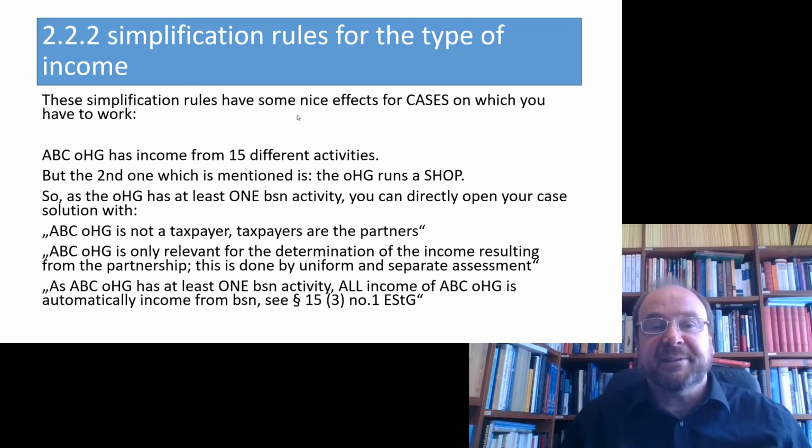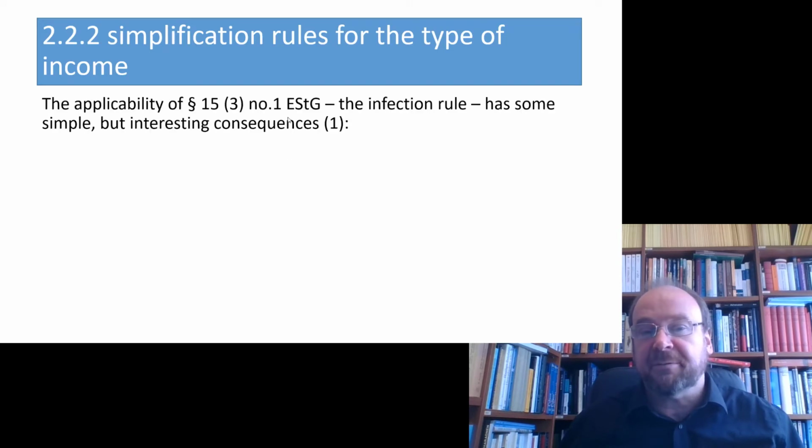And as ABC has at least one business activity, here the shop mentioned in number 2, all income of ABC is automatically income from business, see 15.3 number 1 ESTG. So you have already sufficiently covered one of the basic questions: which type of income it is, where the income comes from. And then you know the rules and what you have to look for.